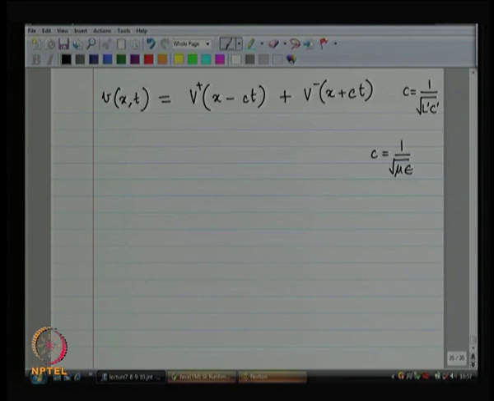So, there is a lot of physics behind it. We just hand waved our way, and we said one is an inductance per unit length, one is a capacitance per unit length. Really what is happening is that an electromagnetic wave is propagating over the piece of wire, and the speed of that wave is a known quantity. The speed of that wave is 1 by square root of mu times epsilon. All of these are actually coming from Maxwell's equations, and we are reformulating Maxwell in our own convenient way in terms of voltages and currents.